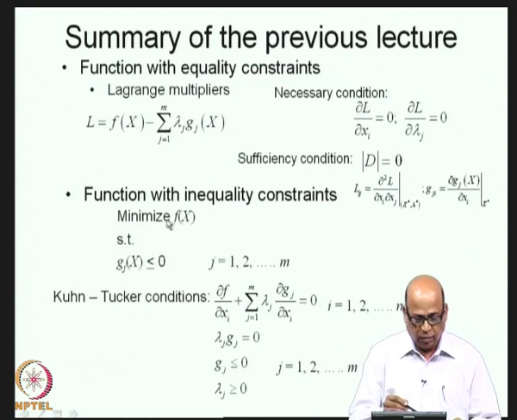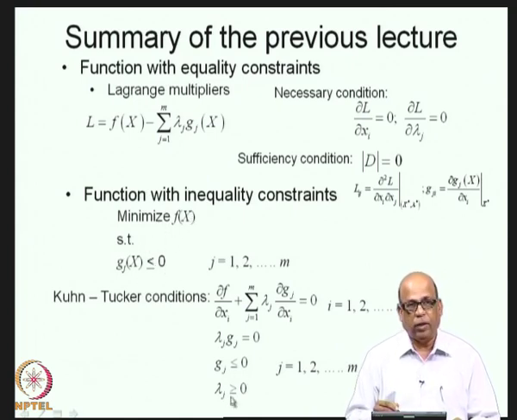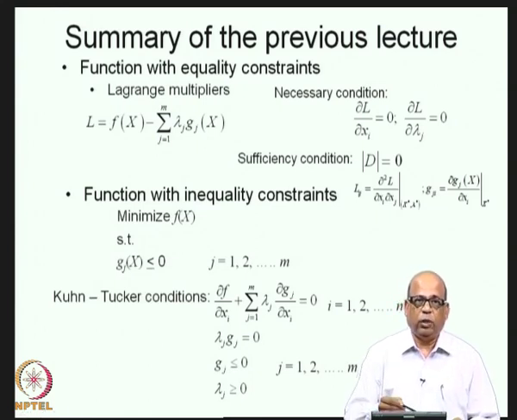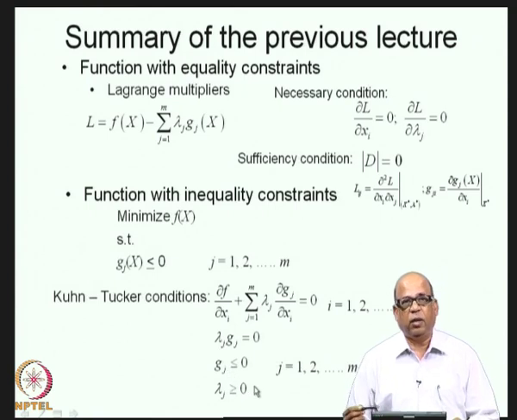We may have minimization of f of x subject to gj of x greater than or equal to 0, in which case lambda j will be less than or equal to 0, which means in this general form that I have stated, if you change one of the conditions, then the lambda j will change their sign. That is, instead of minimization, you have maximization, then lambda j will be less than or equal to 0 subject to gj of x less than or equal to 0 and so on. If you change both of them, the lambda j's will still retain the same sign as indicated here.